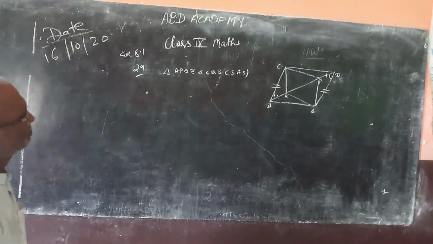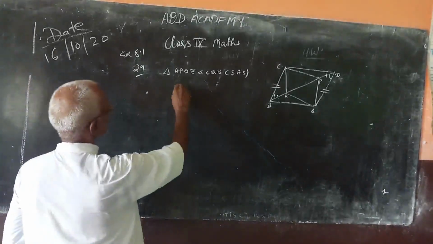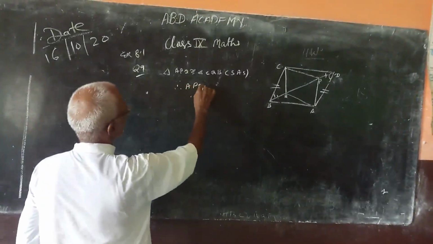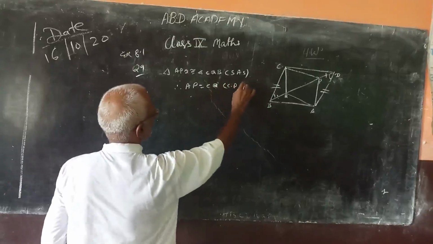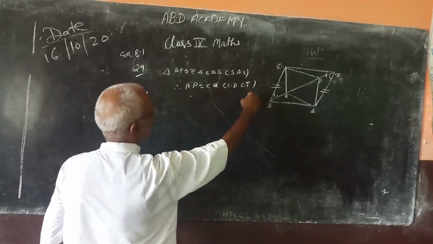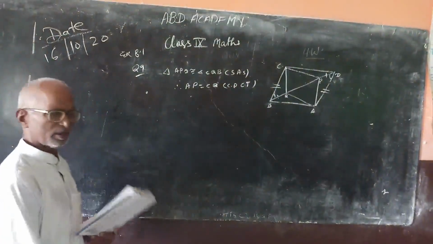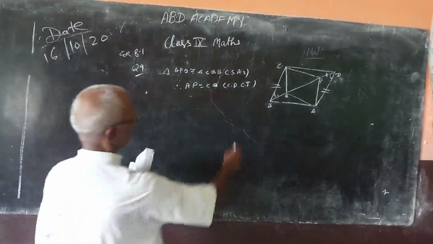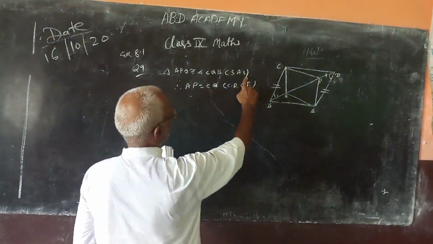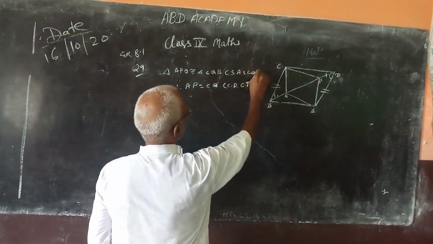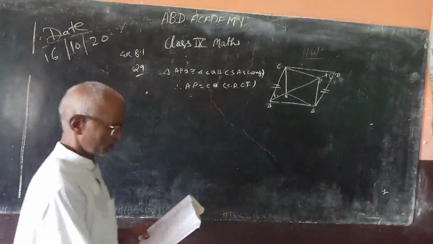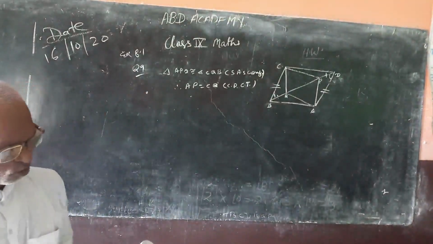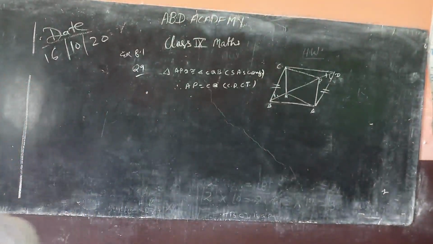So, AP and CQ will be equal. Corresponding parts of congruent triangles are equal. Here congruence can be written CPCT. So we finish two parts.